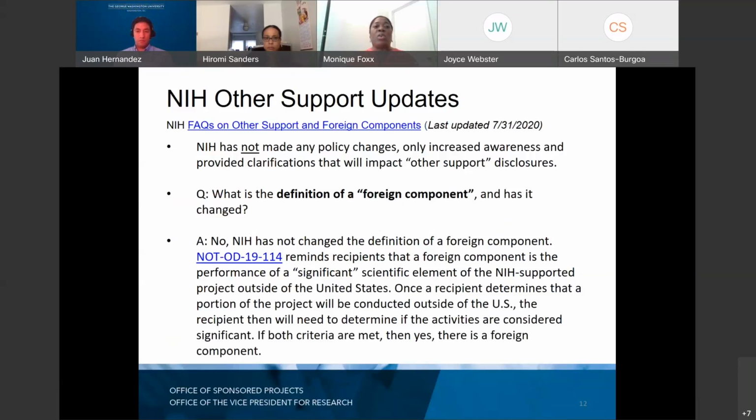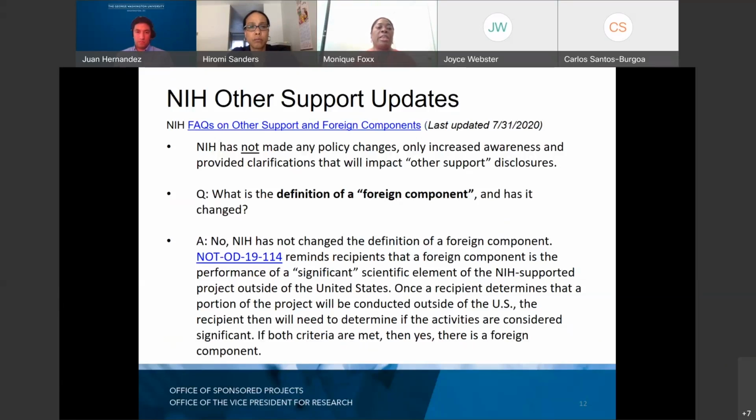Frequently asked questions on other support and foreign components. This was last updated in July. I'm not going to take a lot of time to read the slide, but I do just want to emphasize, carefully review the definition for a foreign component. There are two criteria that must be met in order for your activities to be considered a foreign component.